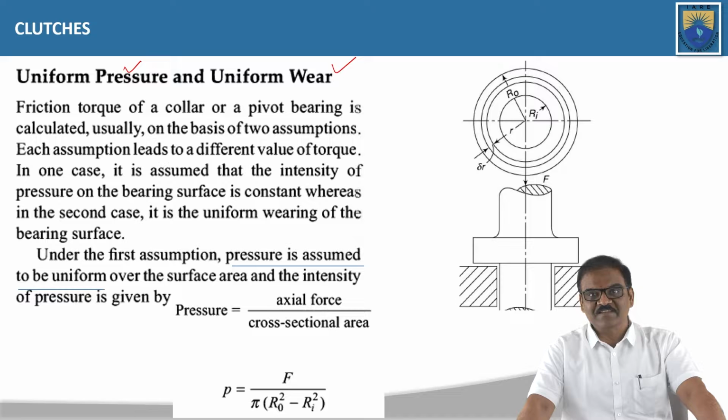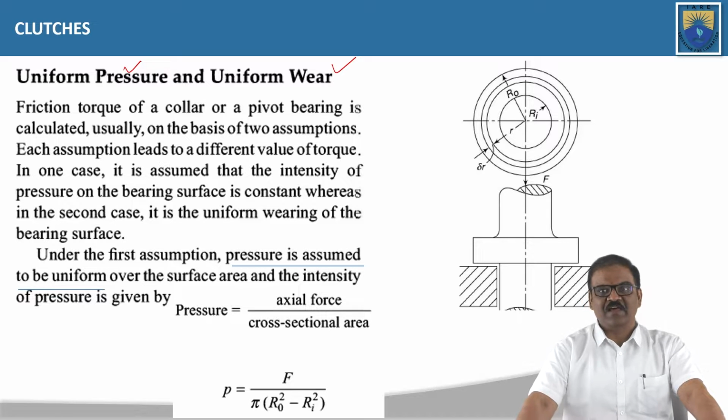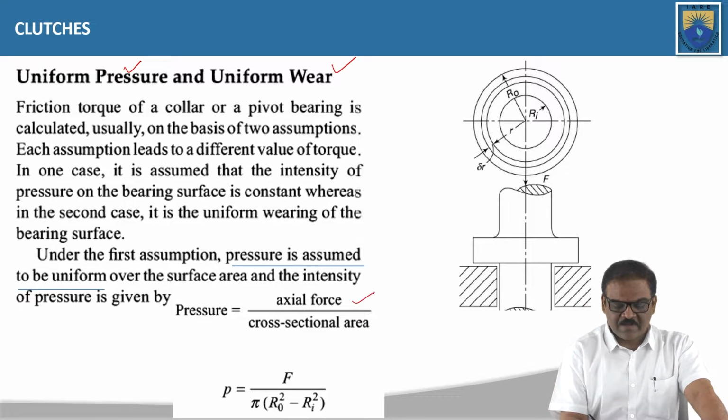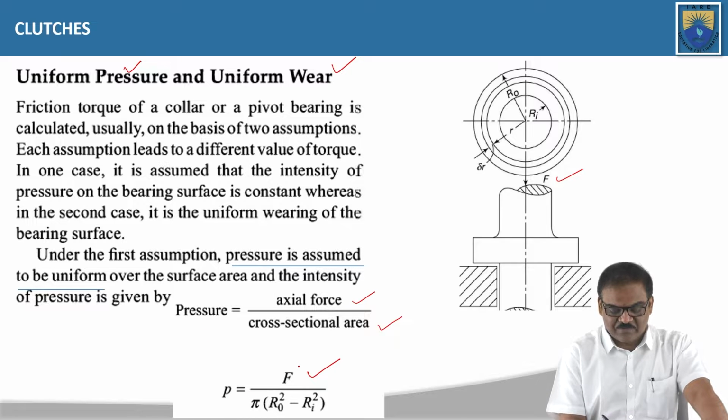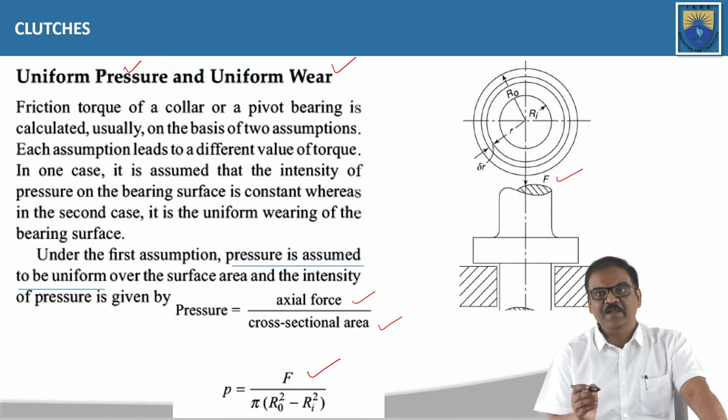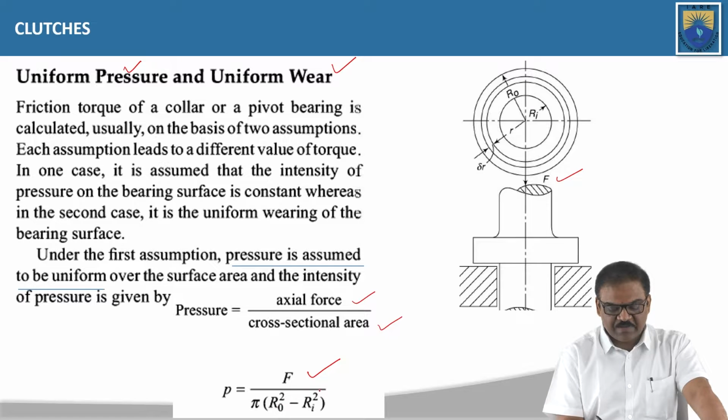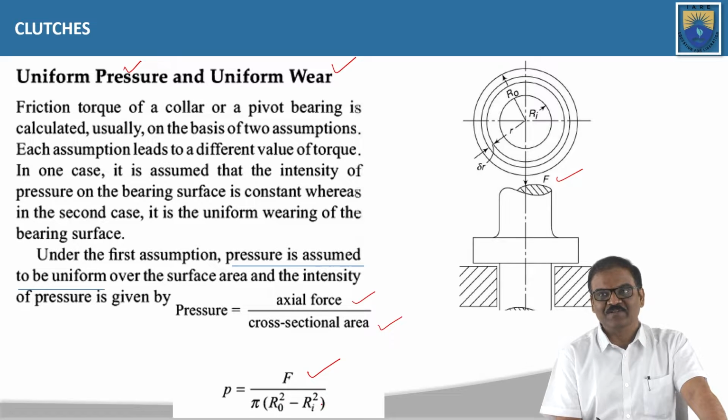Under the first assumption, pressure is assumed to be uniform over the surface area, and the intensity of pressure is given as axial force divided by cross-sectional area, where the axial force is F. The pressure intensity P is equal to F by pi into R naught square minus R internal square.